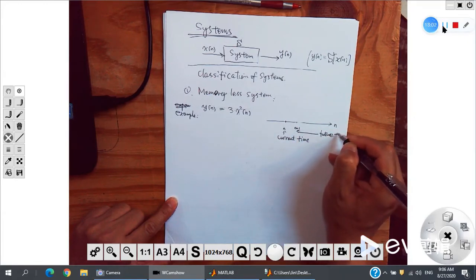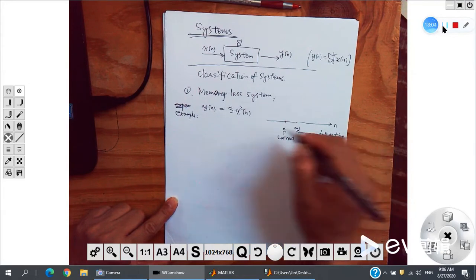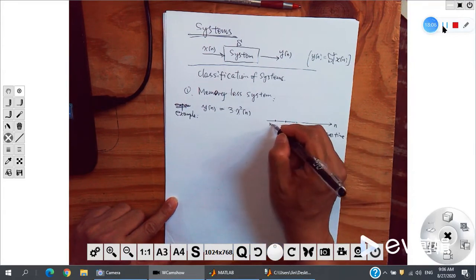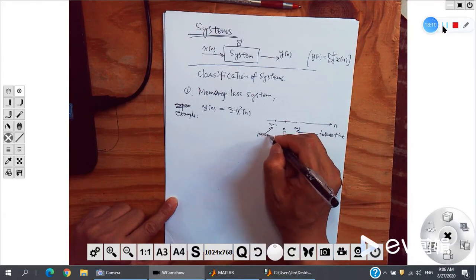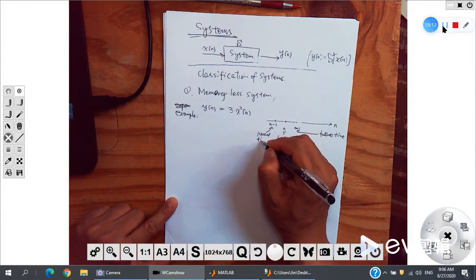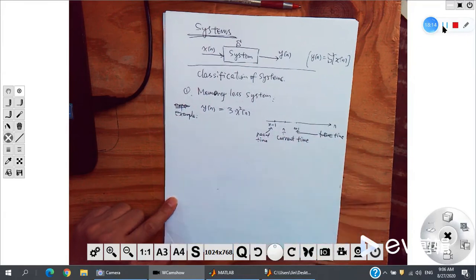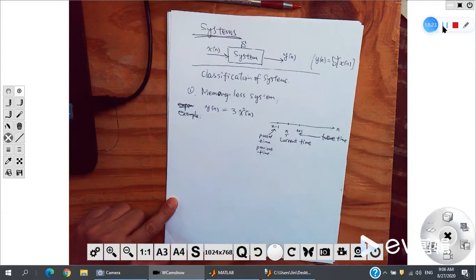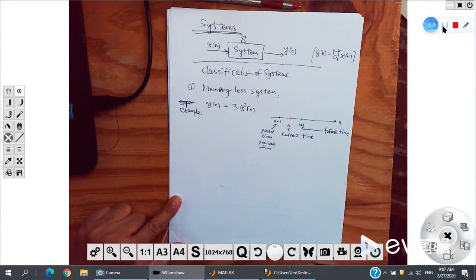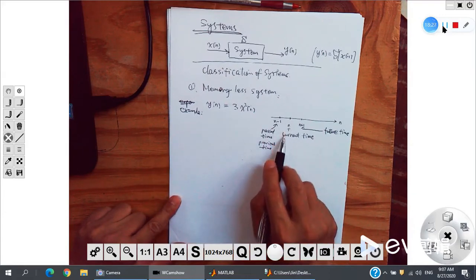And n minus 1 is a past time, the old time, the previous time. So this y of n only depends on the current input.